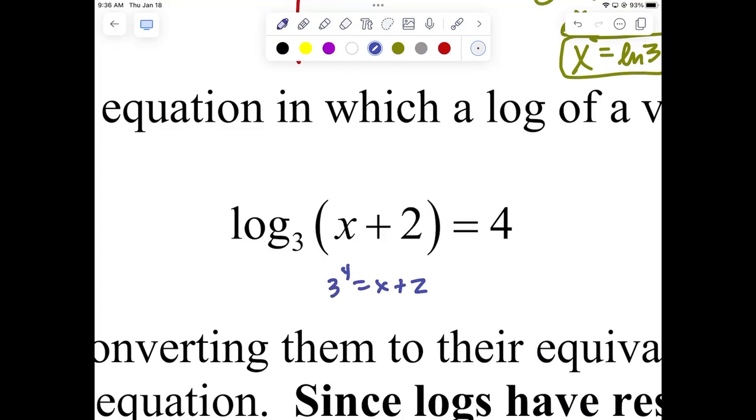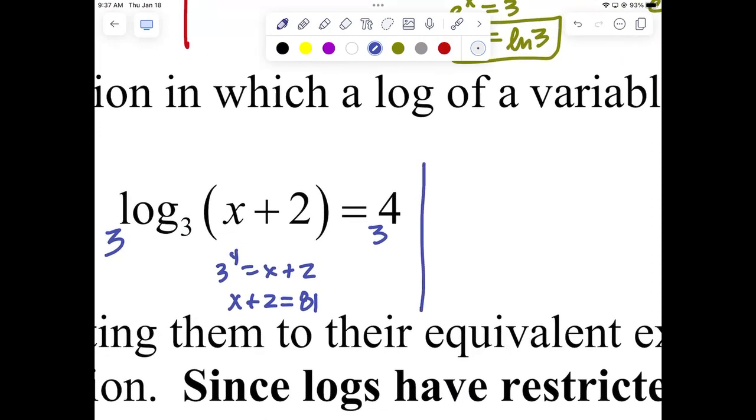That's doing the around the world thing. Or you could exponentiate both sides like that, right? Either way. And then 3 to the log base 3 of blob is the blob. And then, of course, we get x plus 2 equals what is 3 to the fourth? 81. Very good. And then all we got to do is subtract 2 from both sides, and we get x equals 79. So those were simple log equations.